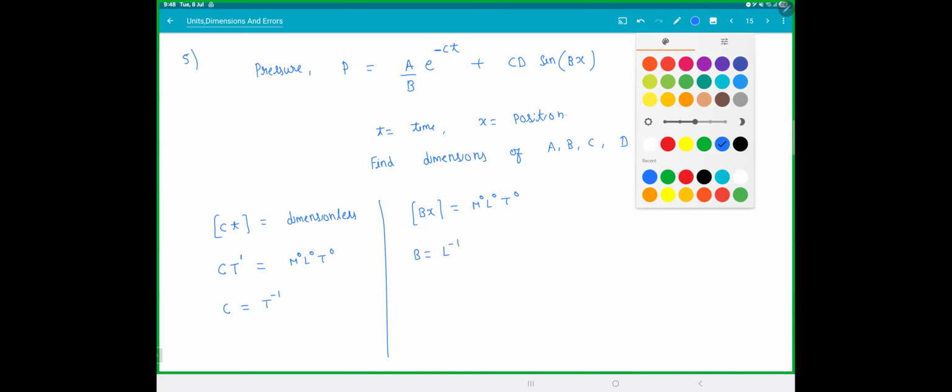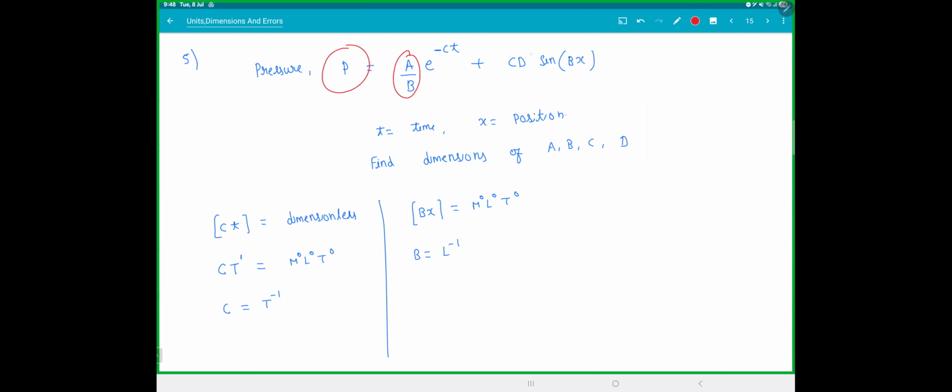And I said, if left-hand side is pressure, then this also must be pressure, this also must be pressure. So A by B must be proportional to pressure. So A is proportional to B into pressure.